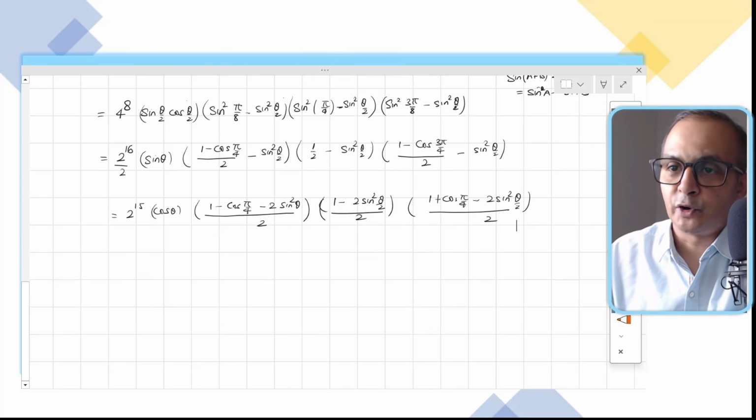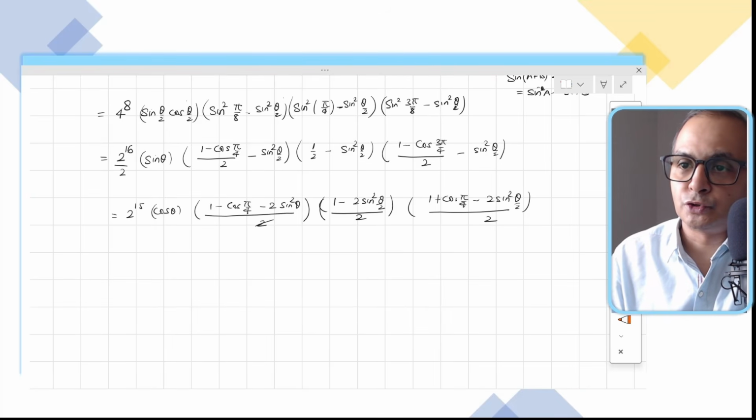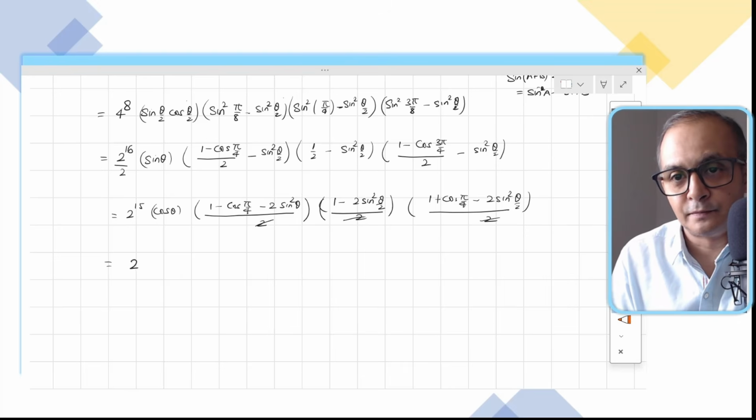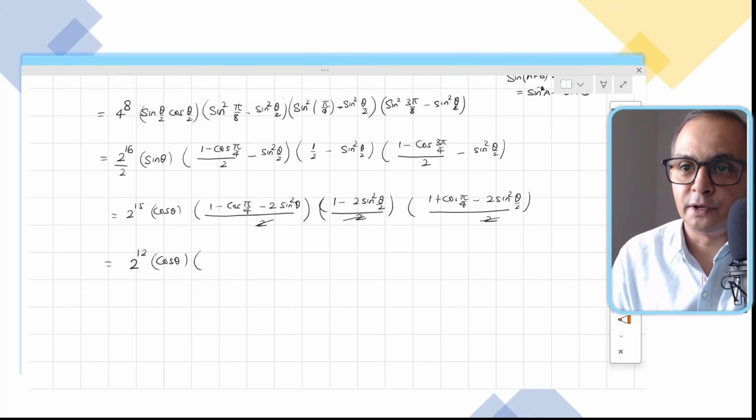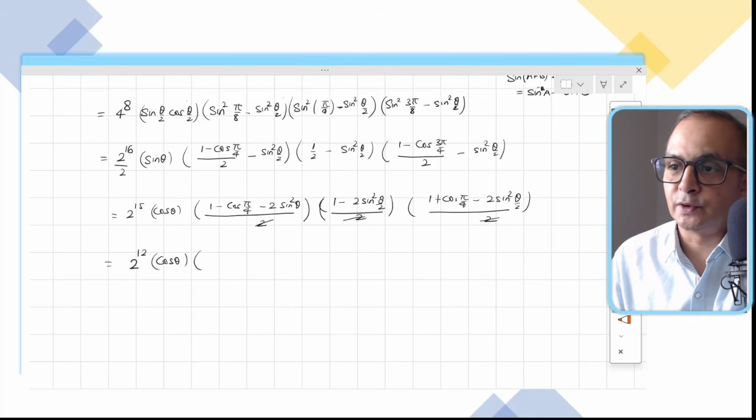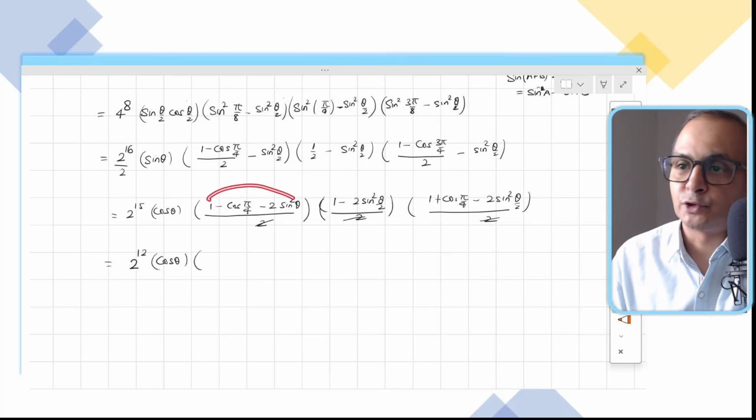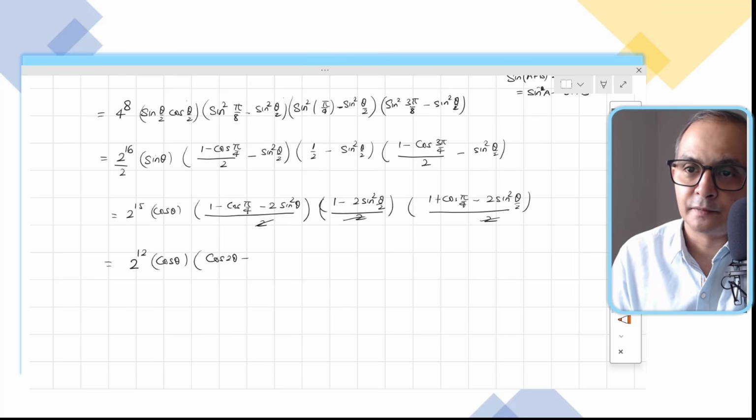You notice one important thing is here, that is 2, 2, 2. These 3 2's will cancel and we'll get here 12. So 2 to the power 12 cosine theta. And now this is going to be 1 minus 2 sine square theta by 2. 1 minus 2 sine square theta by 2 is cos theta. So I can write here cos theta minus cos pi by 4.